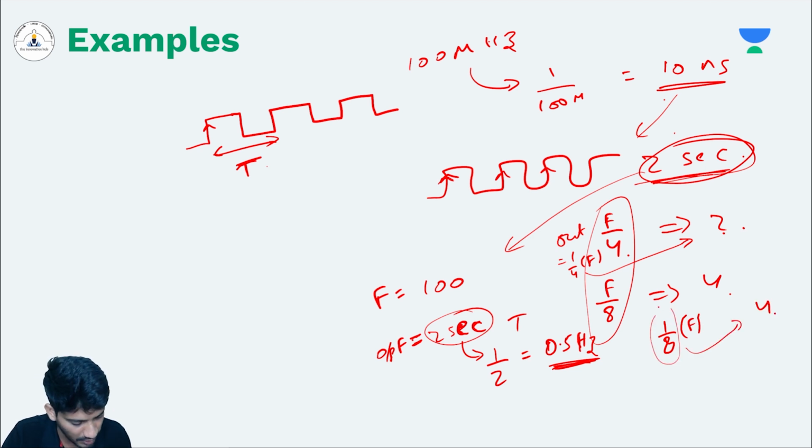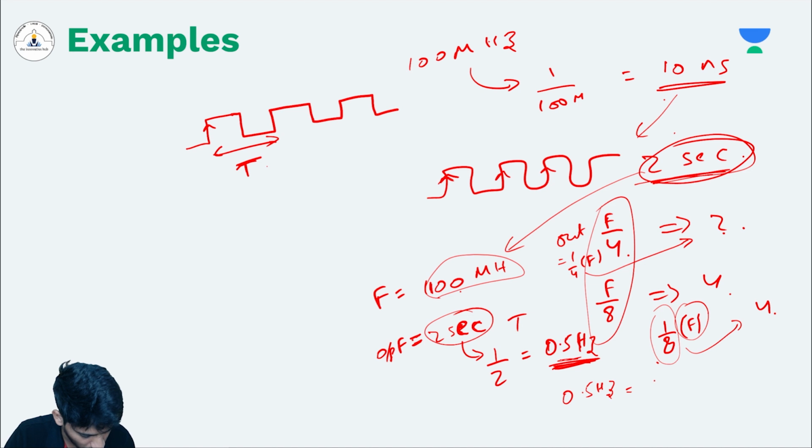So we'll try to generalize this. My input frequency is 100 megahertz, and my output frequency is 0.5 Hz. So what is the f by divider value? 100 mega divided by question mark equals 0.5 Hz, right?